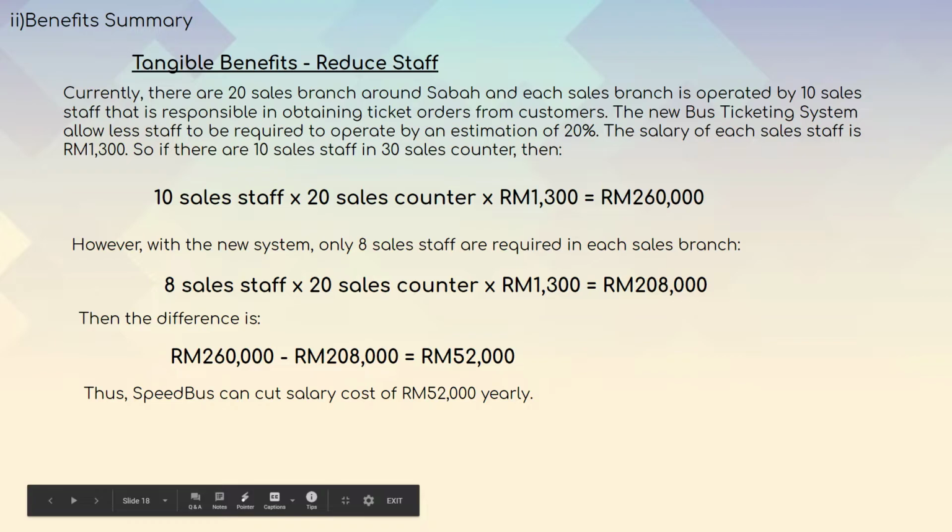Before that, Noel, in your previous presentation, the problem or issue with the current bus ticketing system, did you mention the existing system? Is the existing system one of the reasons in the reason of system request?